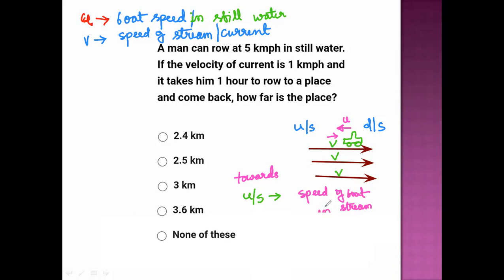The speed of the boat in upstream will be equal to u minus v. We have to take the relative speed, which we can write as u minus v.